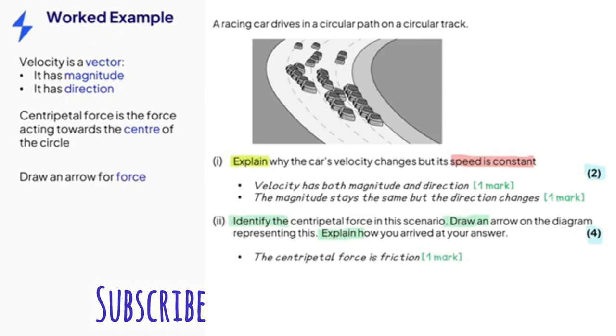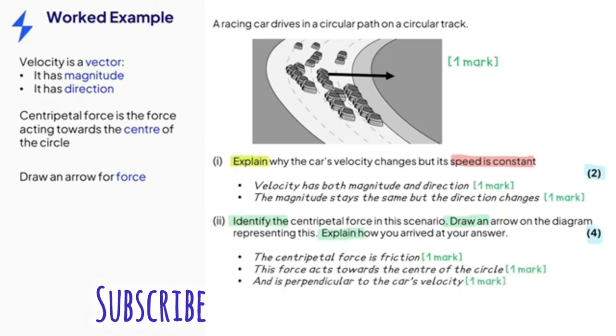When drawing the arrow representing force, make it very clearly point from the car to the center of the circular path. That's mark 2. Now to explain our answer, recall some properties of a centripetal force. It must act towards the center of the circle, and it must be perpendicular to the car's velocity. That's 6 easy marks if you can remember all of your definitions.